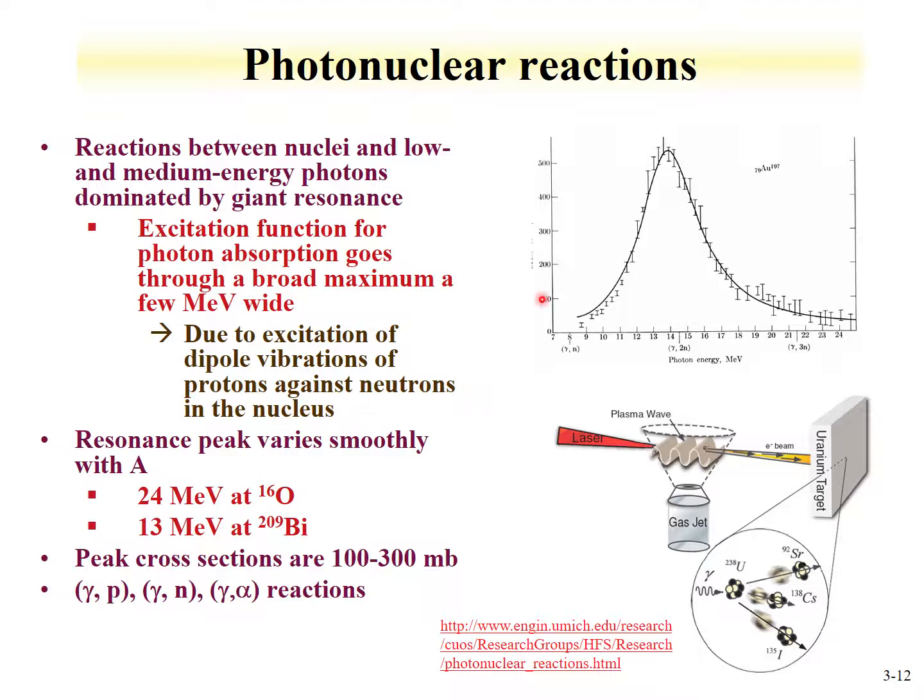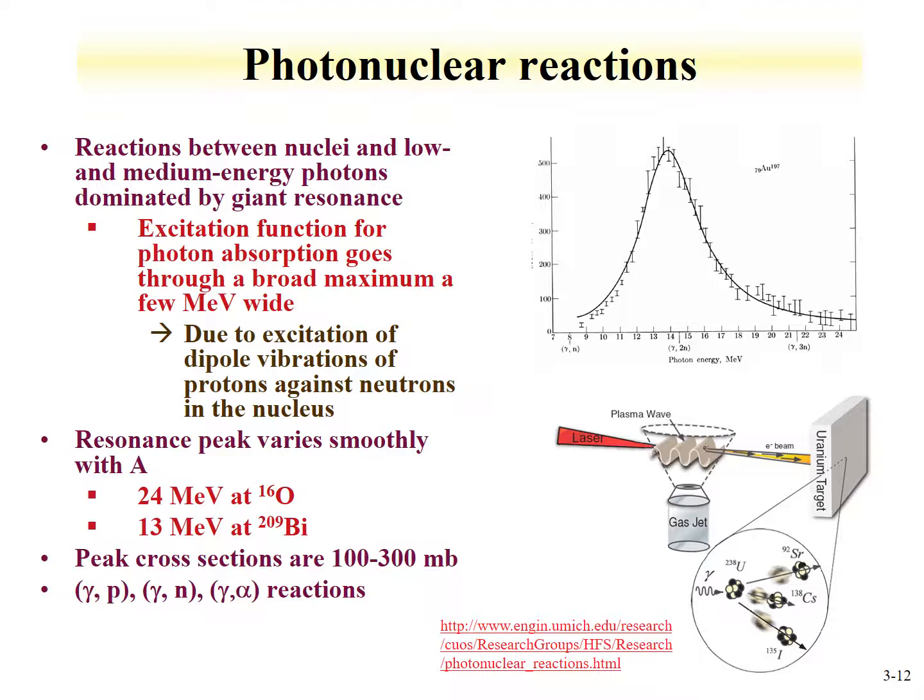One thing about the values here is that they are in millibarns. Photon reactions tend to have cross sections on the order of 500 millibarns. As we see, the reactions here are gamma-n, gamma-2n, gamma-3n. It goes through a maximum peak for the 2n reaction at around 14 MeV.